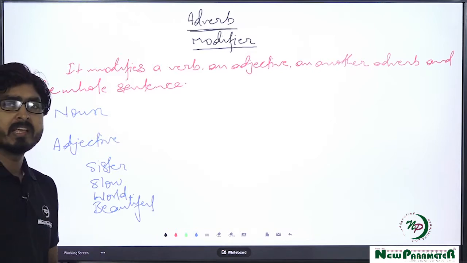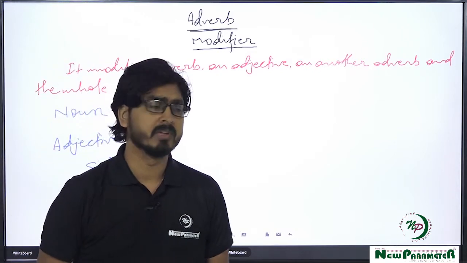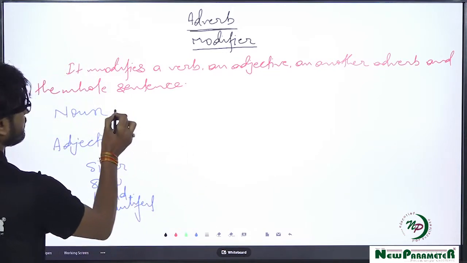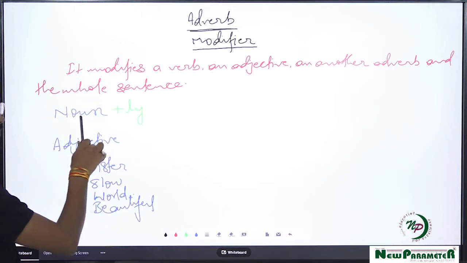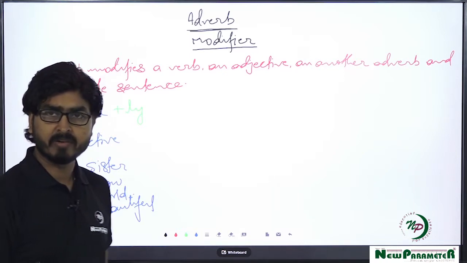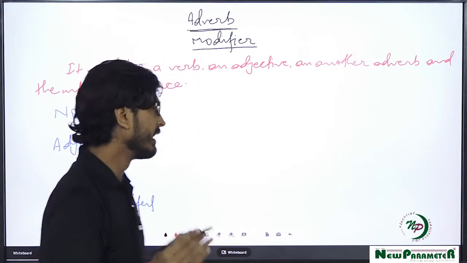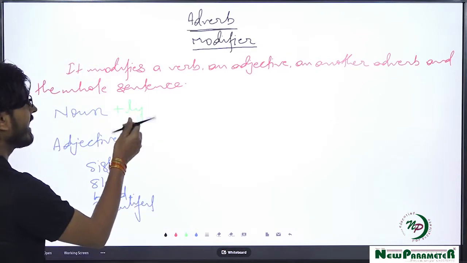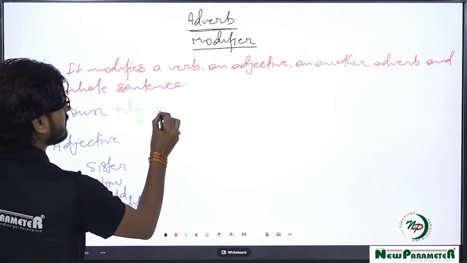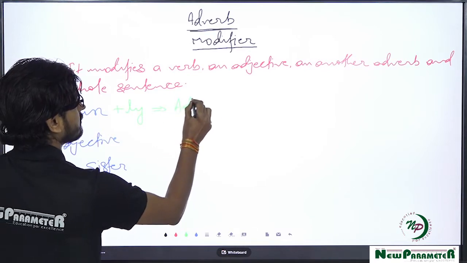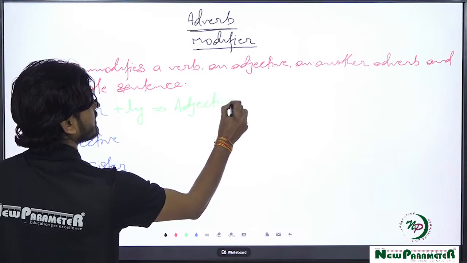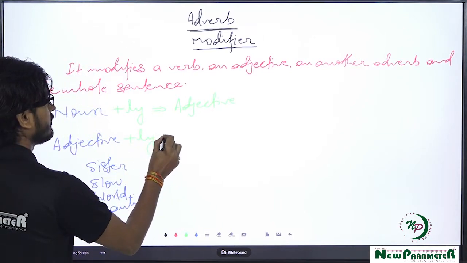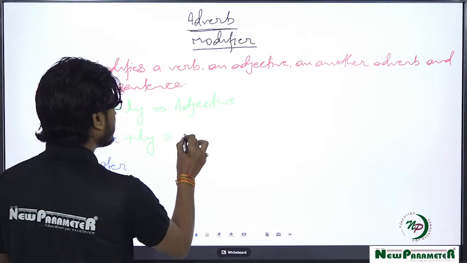So firstly we'll see how to make an adverb. Basically, we can add ly to a noun or an adjective also, but there is a very big difference between these two. Whenever we add ly to a noun, it becomes an adjective, but whenever we add ly to an adjective, it becomes what?